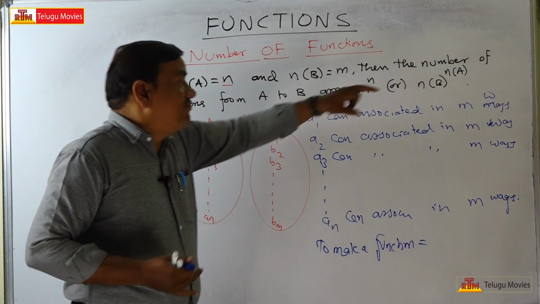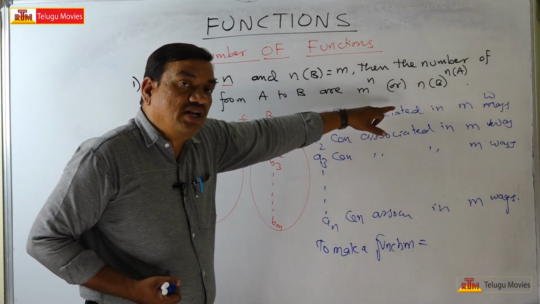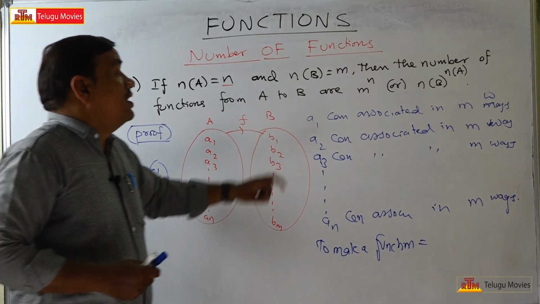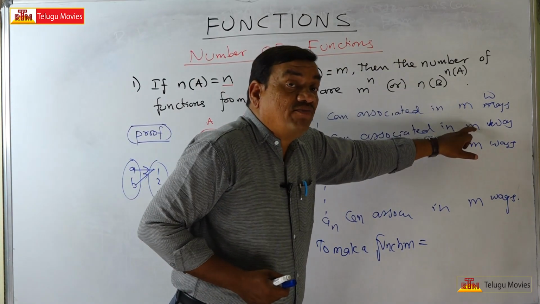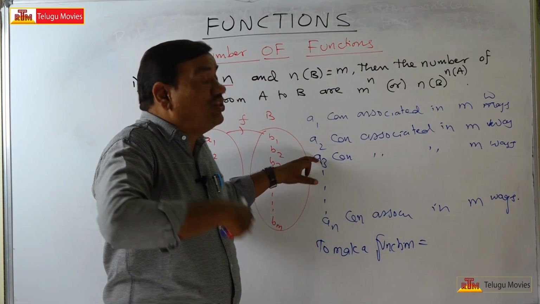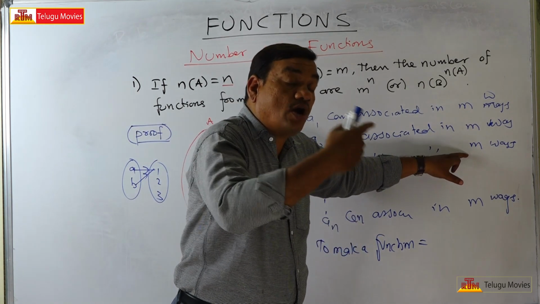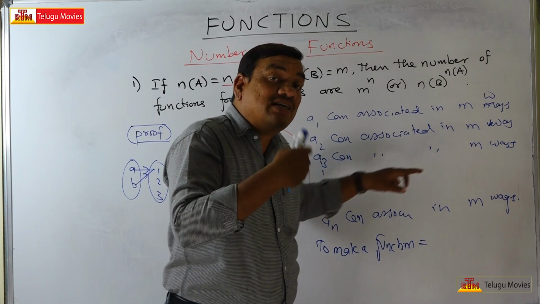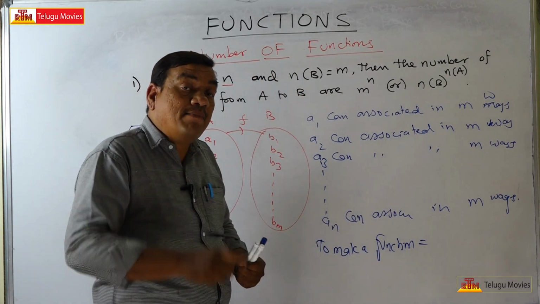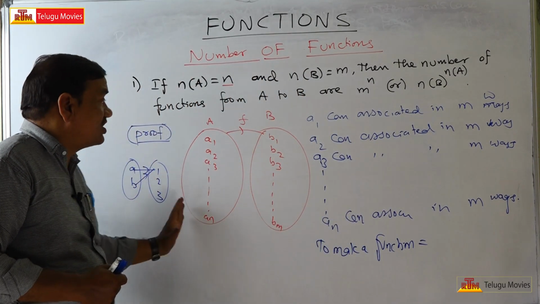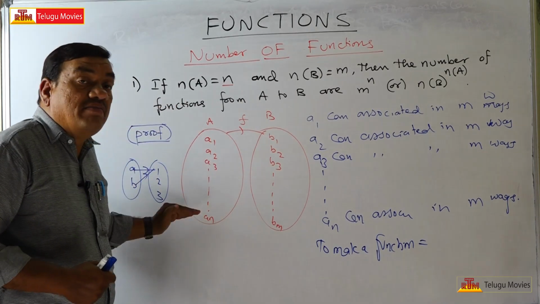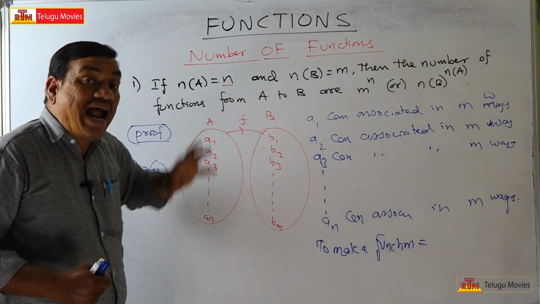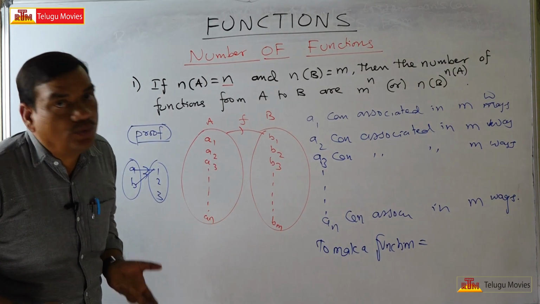A1 can be associated in m ways, and compulsorily A2 also should associate, in m ways, and A3 can be mapped onto the elements in B in m ways. Like that, to make a function from A to B, all the elements of A should be associated with the elements of B, and that means into.